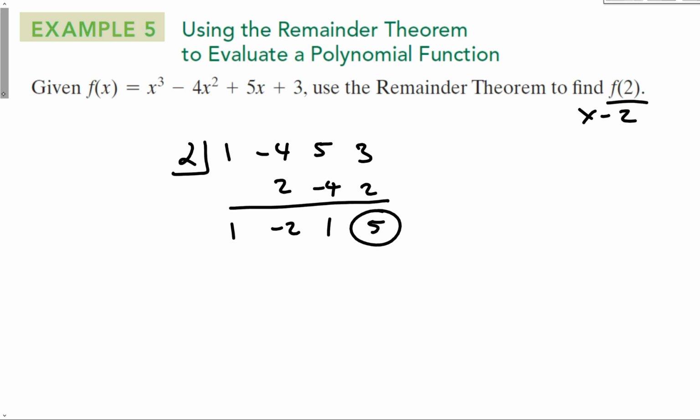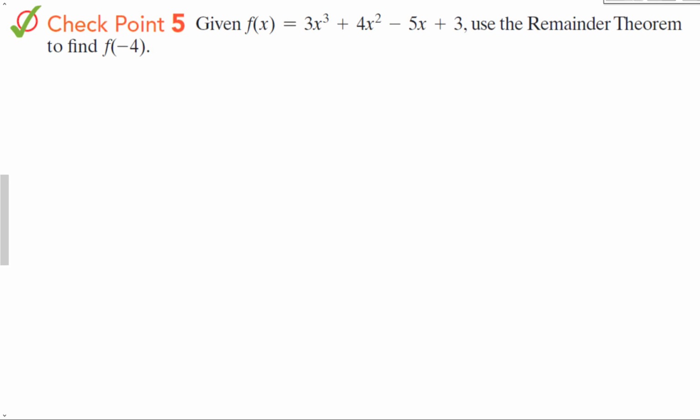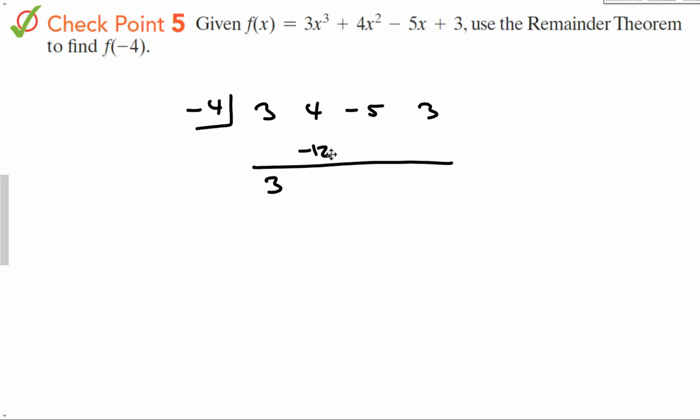Let's try again. Use the remainder theorem to find f of negative 4. Negative 4 goes in my little box. We have 3, 4, minus 5, 3. Line, bring down the 3. Multiply, that's negative 12. Add, that is a negative 8. Multiply, that's a minus 32.